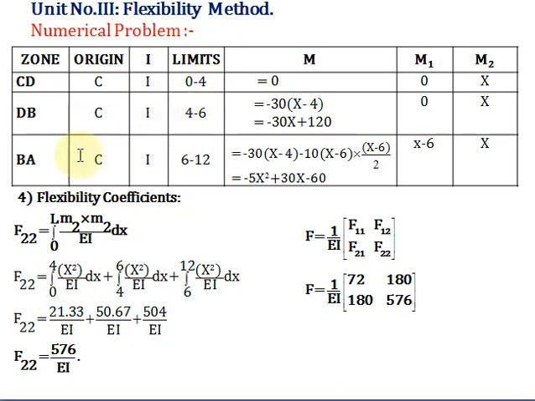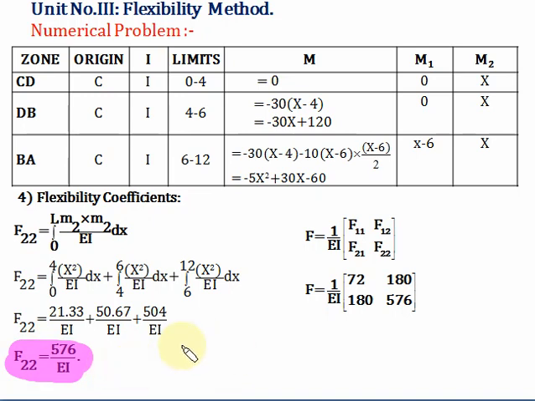Integration for zone CD is 0 to 4. Now for zone DB, limit is 4 to 6, x into x, that is x square, upon EI into dx, plus for zone BA, limit is 6 to 12, okay, x square upon EI into dx. Now after solving this integration, we will get the value of F22 as 576 upon EI. Okay, so this is the value of F22.